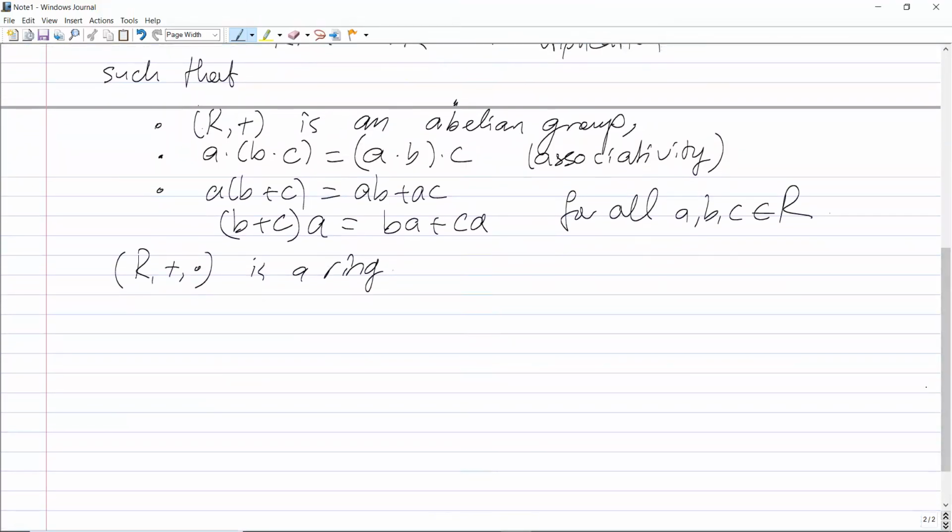So, notation. The identity of this addition on R is denoted by zero, just like in the real numbers.